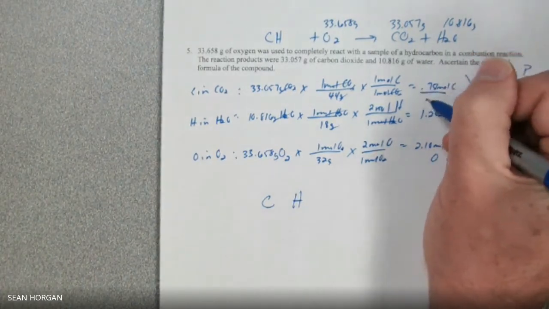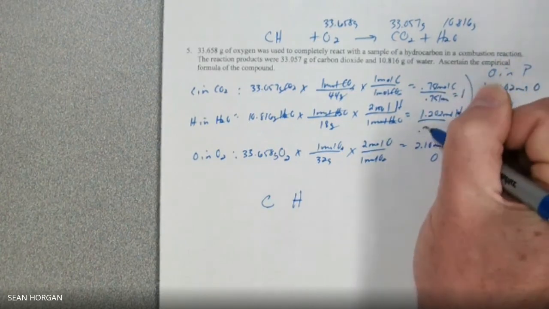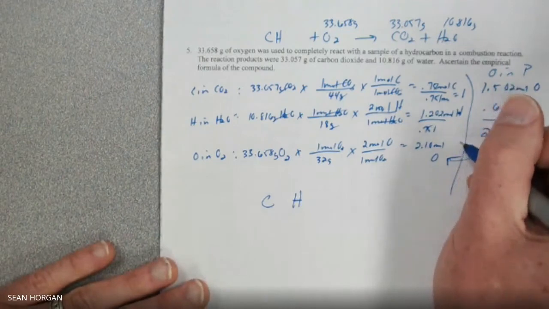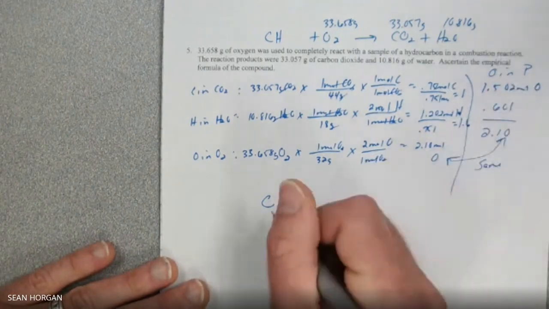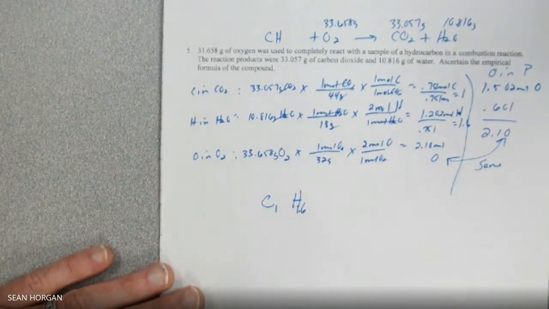And the ratio right now is 0.751 to 1.202. So if we do this, then we get 1. Do this one in the calculator, we get a weird number. Let's try it again. 1.202 divided by 0.751, which gives me 1.6. The ratio is 1 to 1.6. Okay? And it can't be that way.